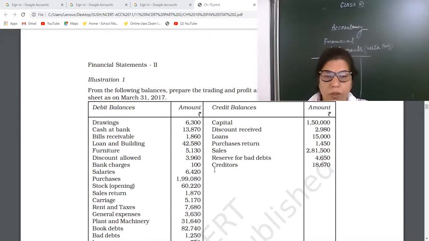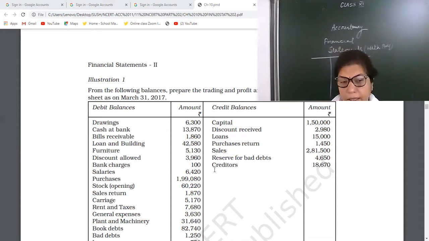Now salaries. Okay, now I am asking salaries, P&L debit. Very good. If in place of salaries, wages are given, that will be transferred to trading account. Then purchases, trading debit. Opening stock, yes please, opening stock, trading debit.